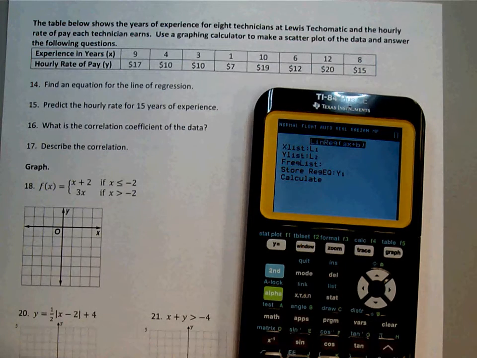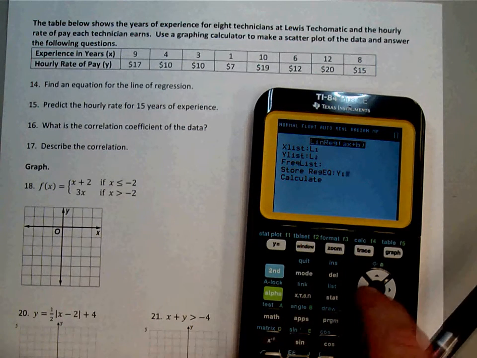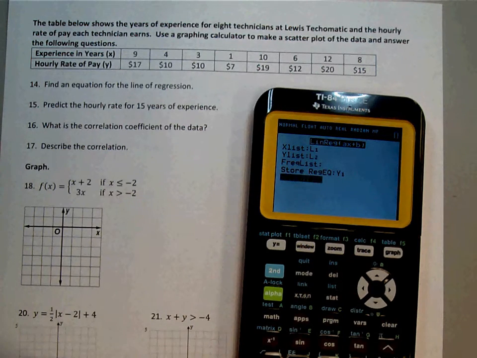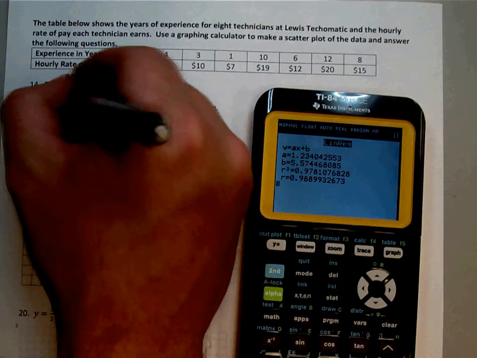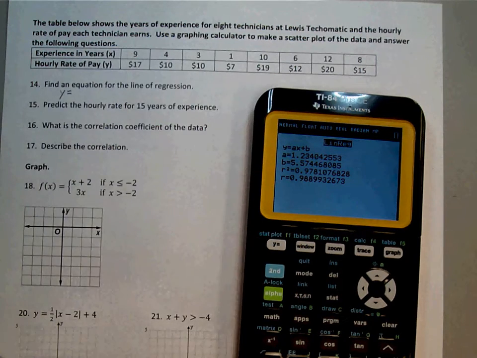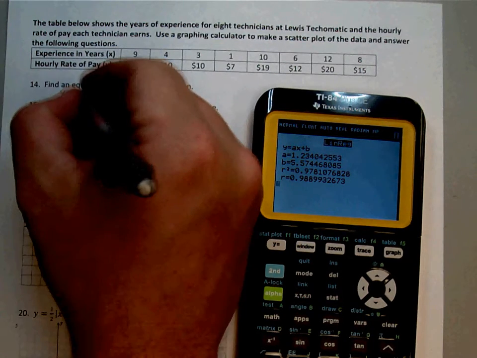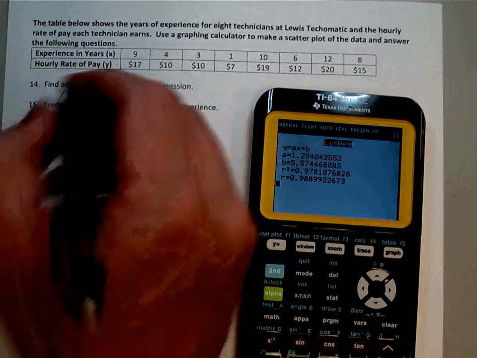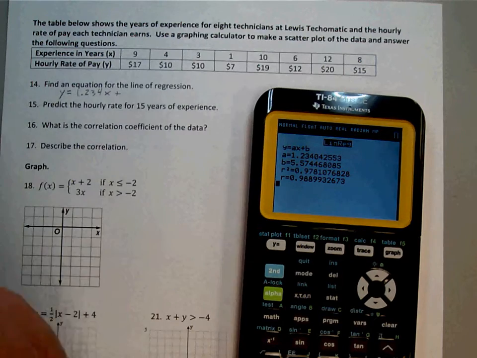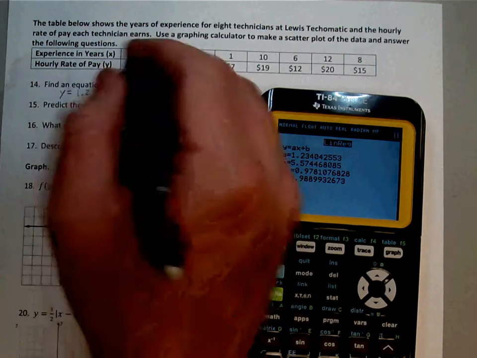Choose Y1. I know I did that quickly, but we did it in class, so hopefully that's okay. Calculate. So my equation, I'm going to round these numbers because my a and b are long decimals, but y is about 1.234x plus my b, about 5.574.